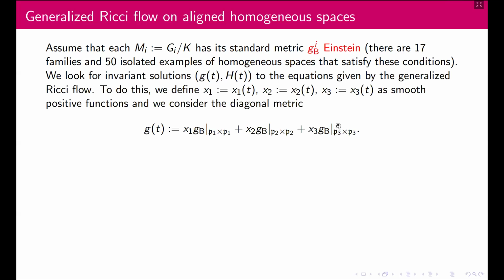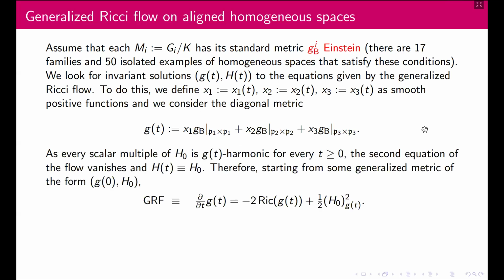So we are looking for invariant solutions to the equation given by the generalized Ricci flow. We define this metric Gt, where we have smooth positive real functions on each factor, x1, x2, and x3.